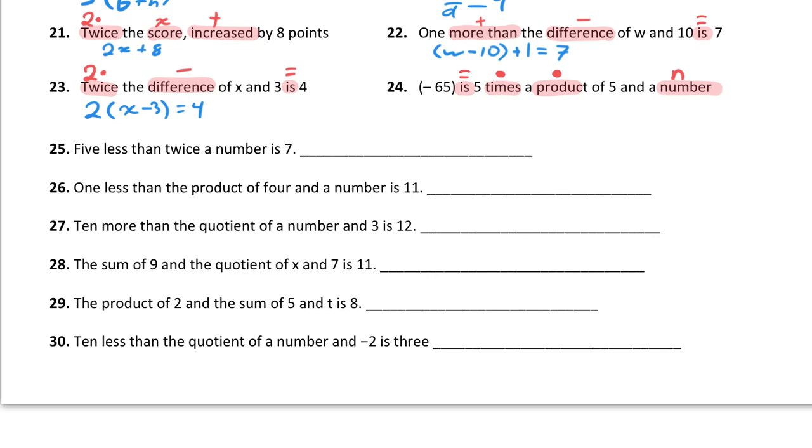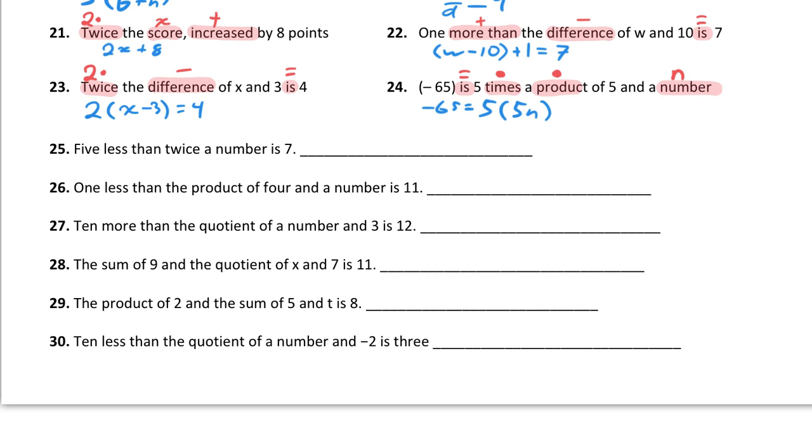So let's write this all out and see if we can figure it out. We have negative 65 equals 5 times a product of 5 and a number, right? This is a product of 5 and a number. This is 5 times a product of 5 and a number, and it all equals negative 65.